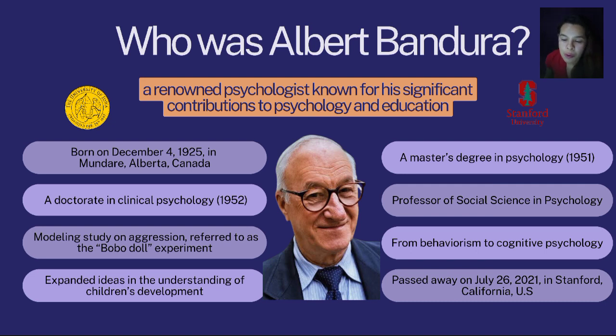Then he was offered a professorship of social science in psychology at Oxford University, and then he became the chairman. He developed an experiment called the bubble doll. These notable contributions demonstrated that children can learn behavior by observing adults.